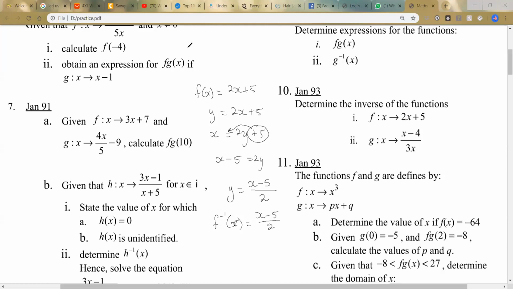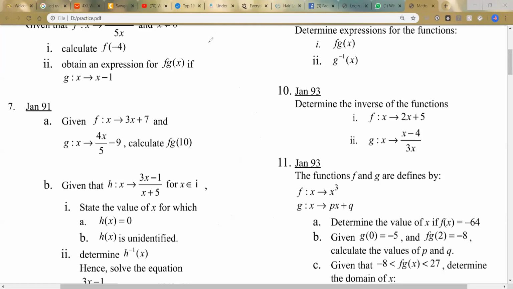Let's see if we can determine where people are getting lost. Remember, Shiniqua, you only want one y in the whole equation, so you can have that y on that side.